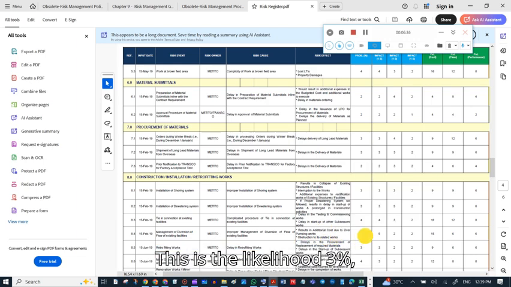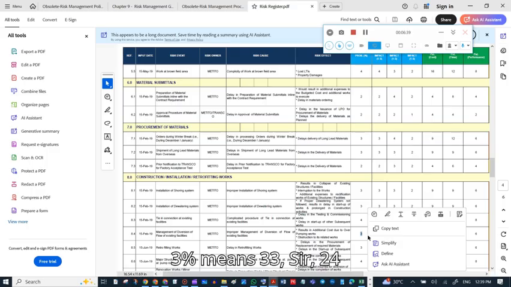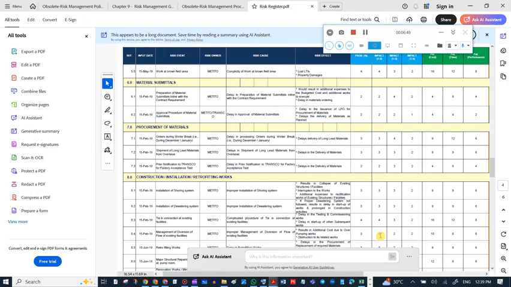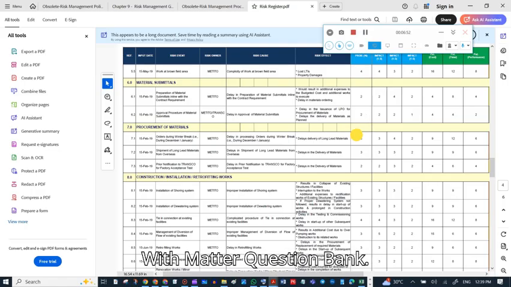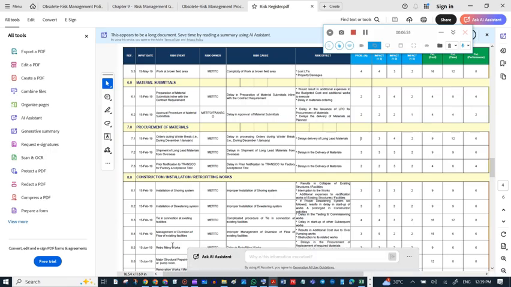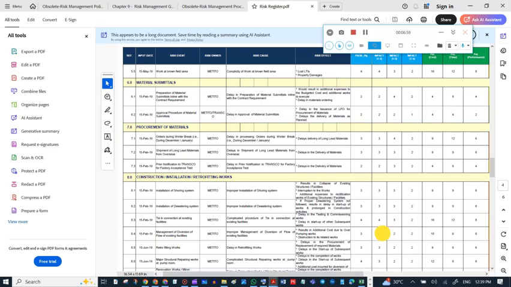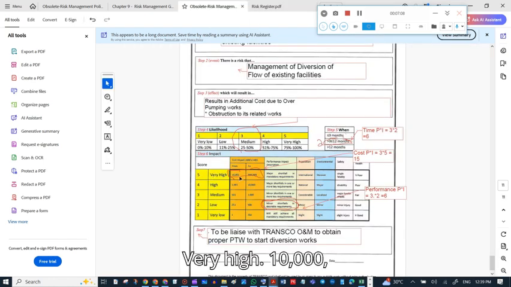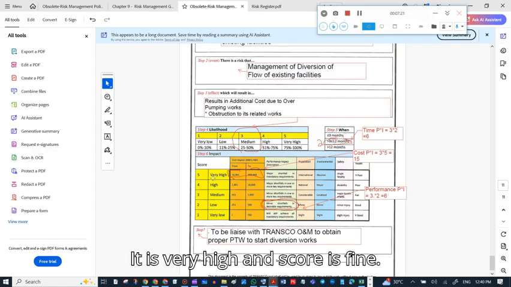This is the likelihood, 3, which means a 25 to 50% chance. 5 was the cost impact, which is very high, 1,000 AED and above. It is very high, and the score is 5.